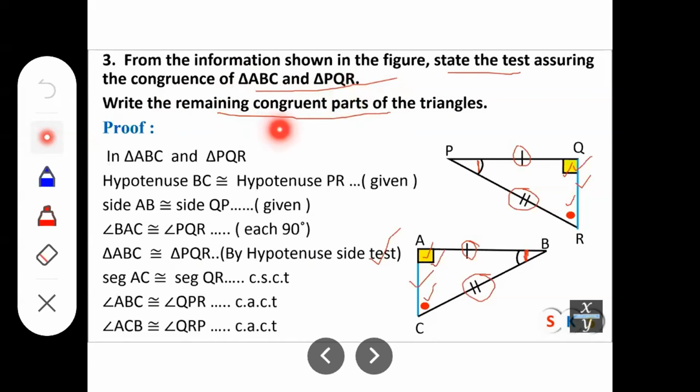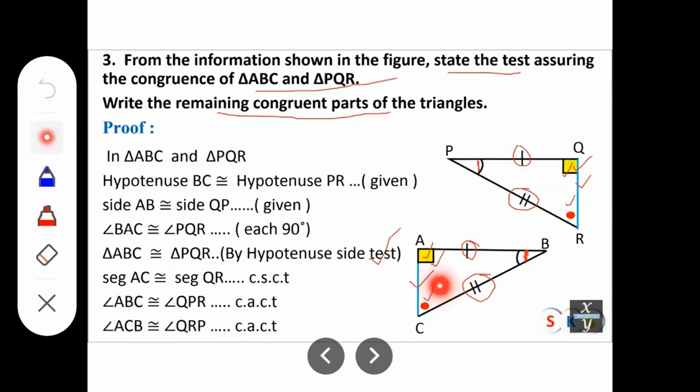Write the remaining congruent parts of the triangles. To write the congruent parts, we have to write the test of congruency, by which test those two given triangles are congruent to each other. And when the triangles are congruent, then their corresponding angles and sides will be congruent. Only then can we write it.